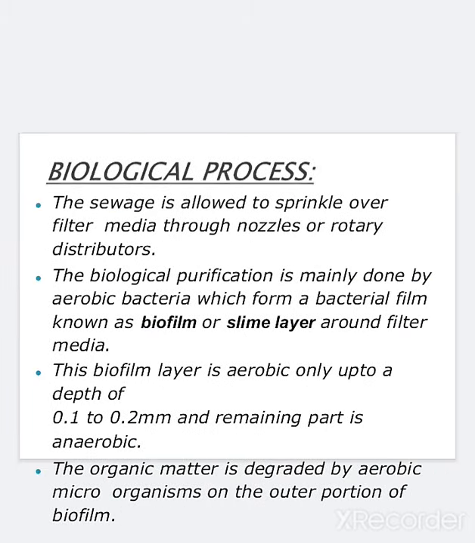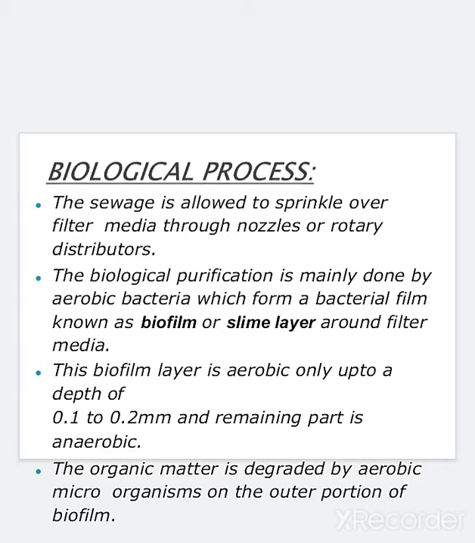The biological process. The sewage is allowed to sprinkle over the filter media through nozzles or rotary distributors. It is mainly done by aerobic bacteria, which form a bacterial film known as biofilm or slime layer around the filter media. This is aerobic only up to a depth of 0.1 to 0.2 mm. The remaining part is anaerobic. So here both aerobic and anaerobic processes are done.